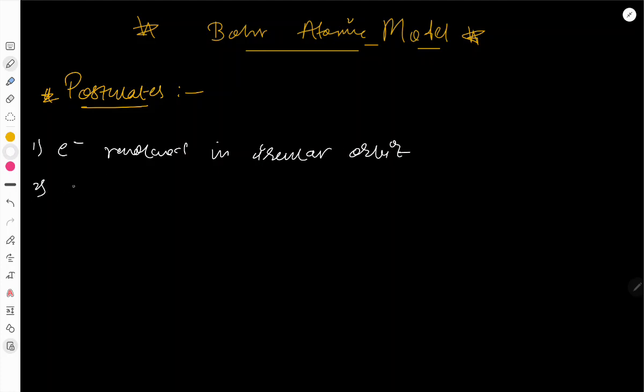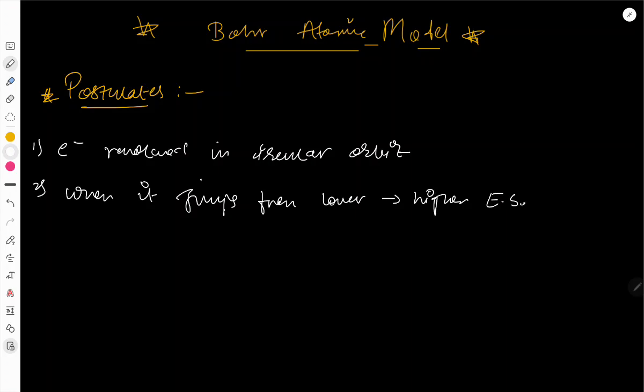The second one: these circular orbits are called stationary orbits, which is what he called them.